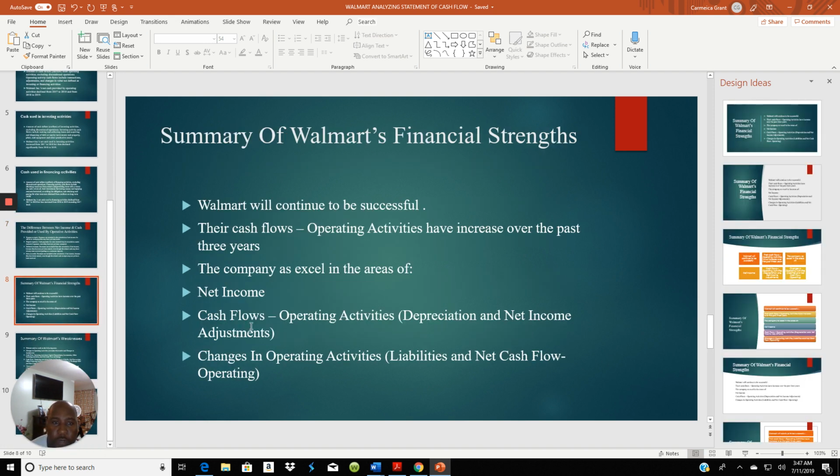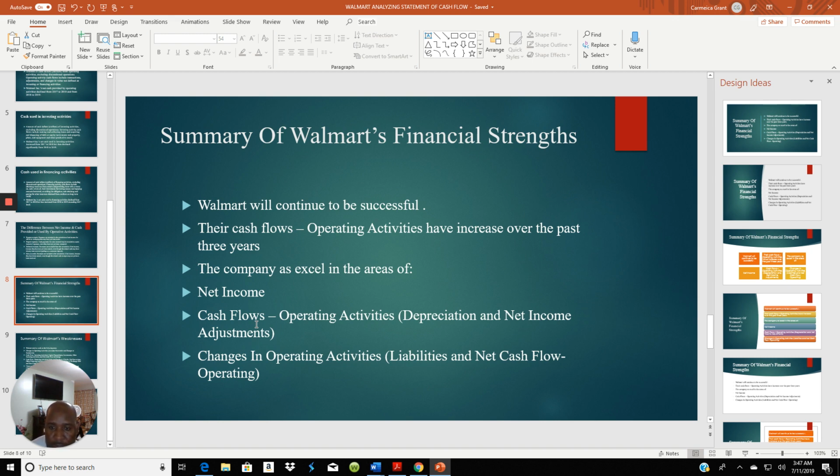Summary of Walmart's financial strength. Walmart will continue to be successful. Their cash flow from operating activities has increased over the past 3 years.